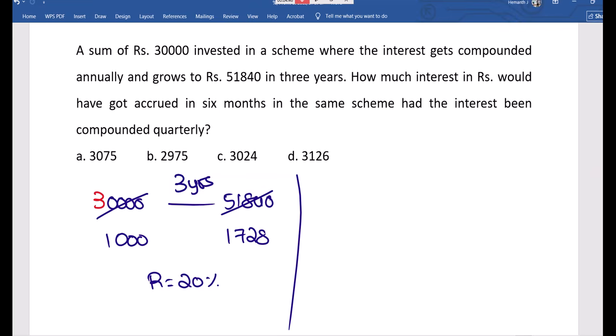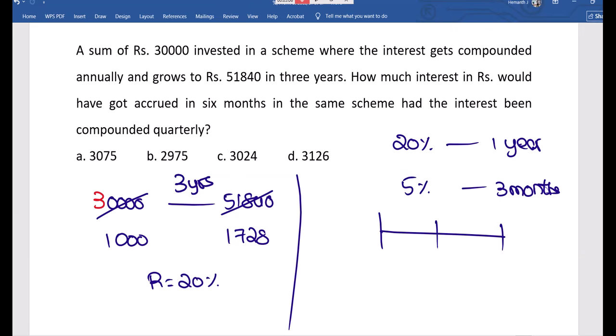Okay, so the rate of interest is 20%. Now, 20% for a year means for quarterly, the 3-month rate of interest is 5%. Now in that 6-month span we will get 2 quarters.